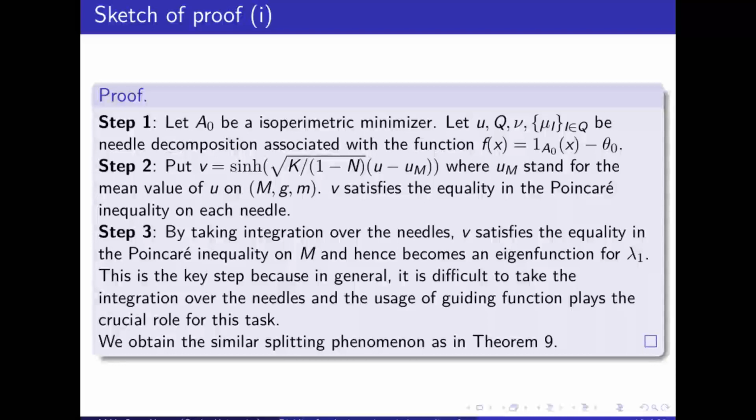And we obtain the similar splitting phenomenon as in the rigidity of the sub-spectral gap inequality. This is the key step because in general it is very difficult to take the integration over the needles, and the usage of the guiding function plays a crucial role in this talk.